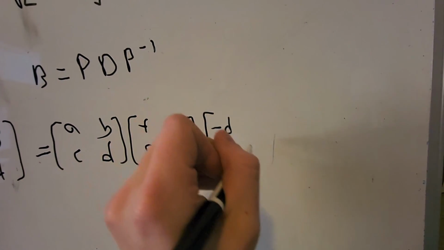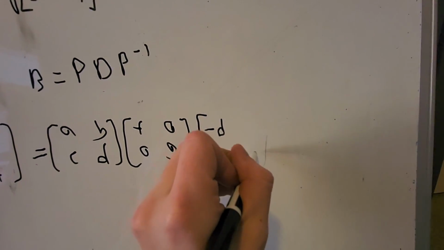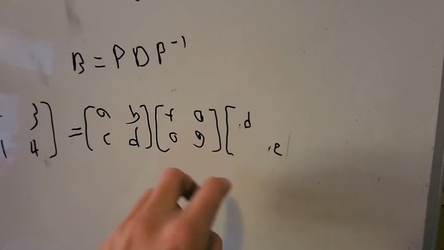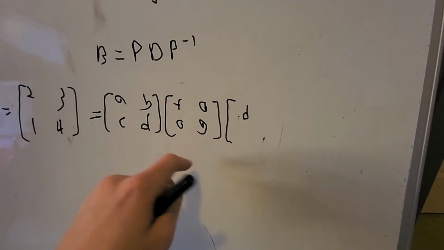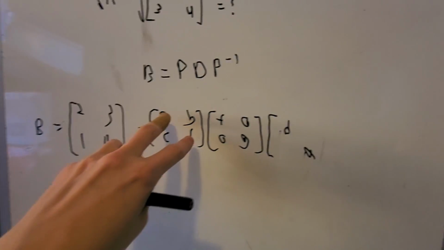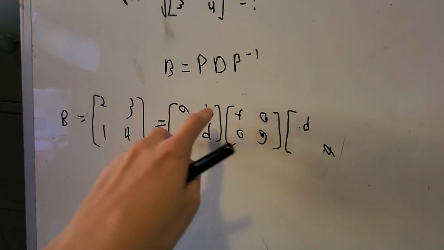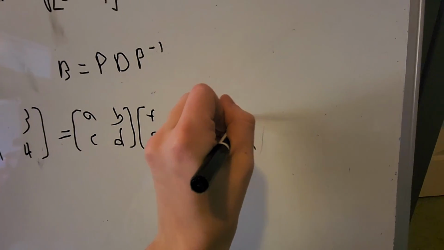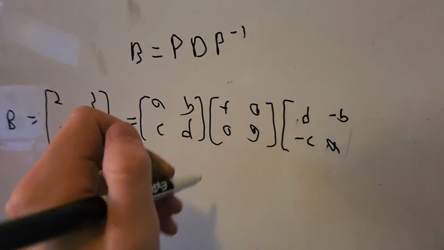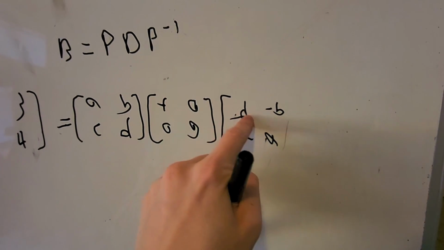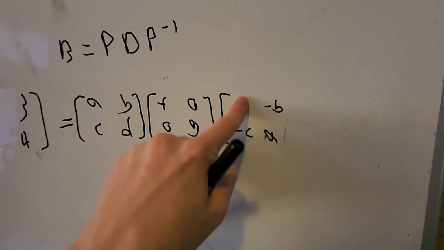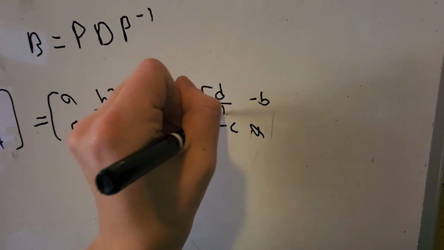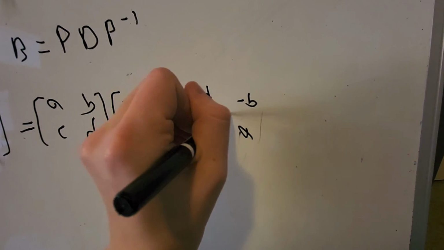So to calculate the inverse, I can't even read. You flip these two entries, you invert these two, and then you divide by the determinant. So then the determinant is AD minus BC.